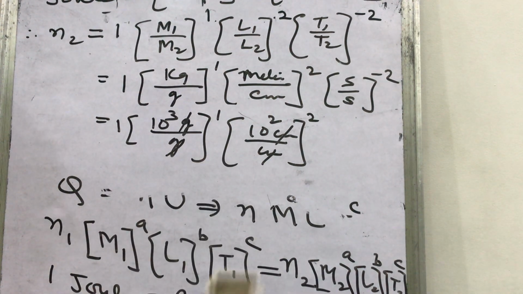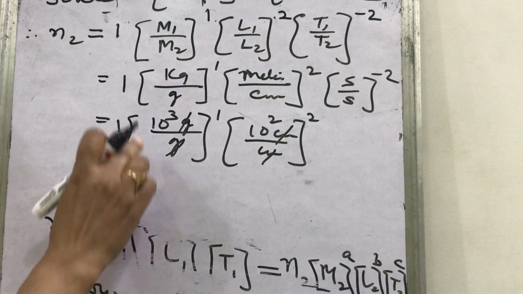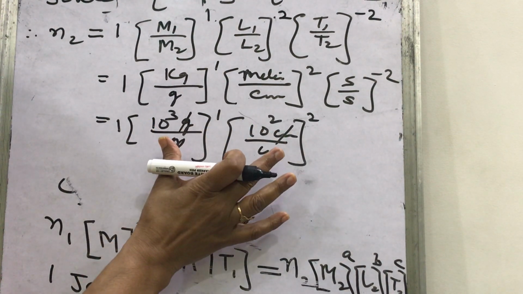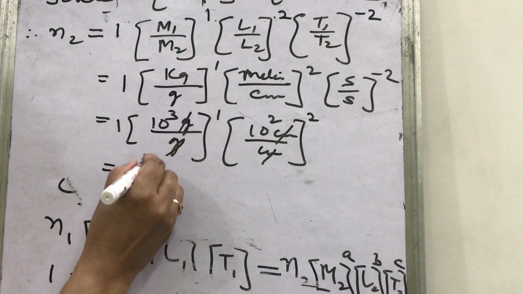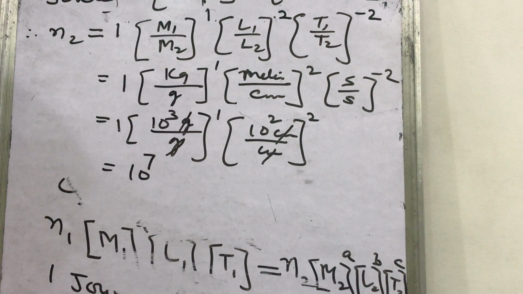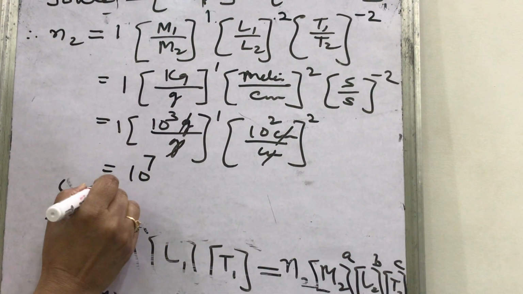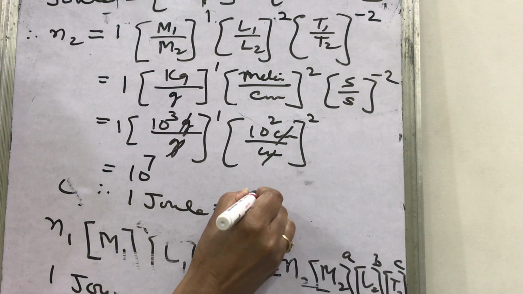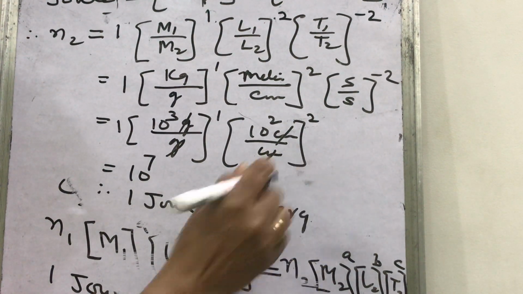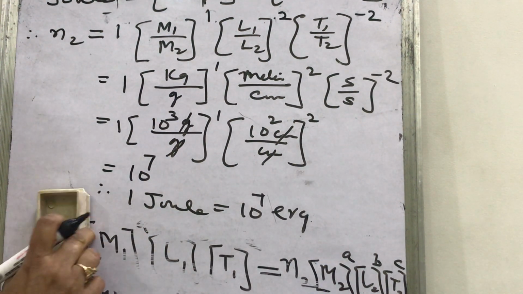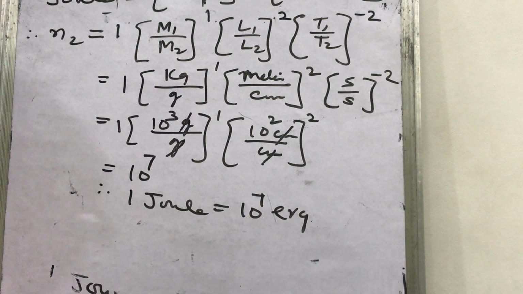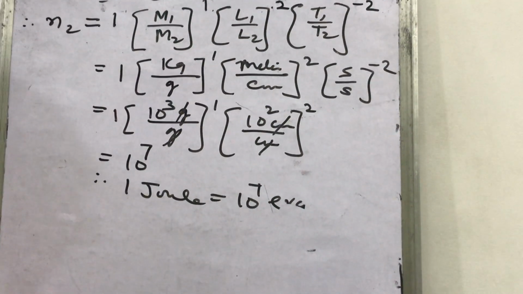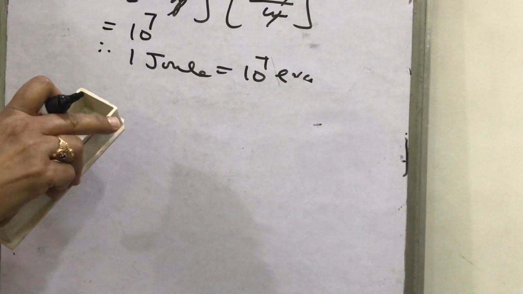So the answer is 10 to the power 3 times 10 to the power 4, and in multiplication powers are added, so you get 10 to the power 7. So N2 is 10 to the power 7, therefore 1 joule equals 10 to the power 7 ergs. Similarly, 1 Newton equals 10 to the power 5 dyne. Many questions are based on the change of units, so you have to use this.